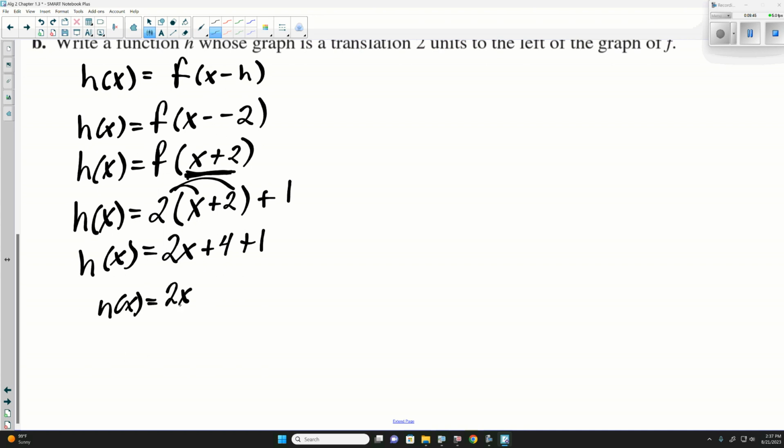And when we combine like terms, 4 plus 1 is giving us this here. Any questions on any of this here so far? We ready for the next one?